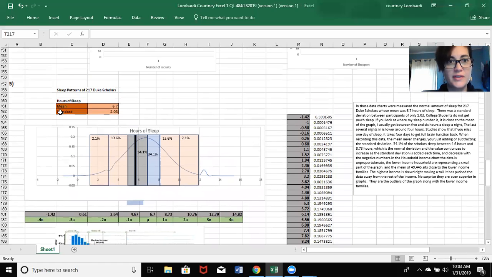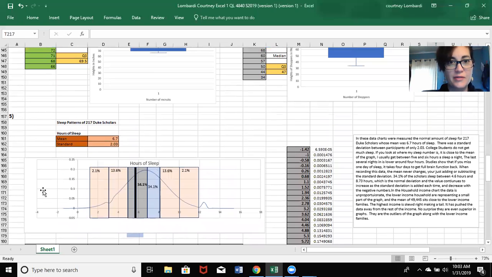And then again, our hours of sleep and our deviation between sleep, and that's really neat to see how to do that. And then here's our bell curve. I didn't talk about that at all at first. Our bell curve goes way up and then down, and only a few people get this much sleep.